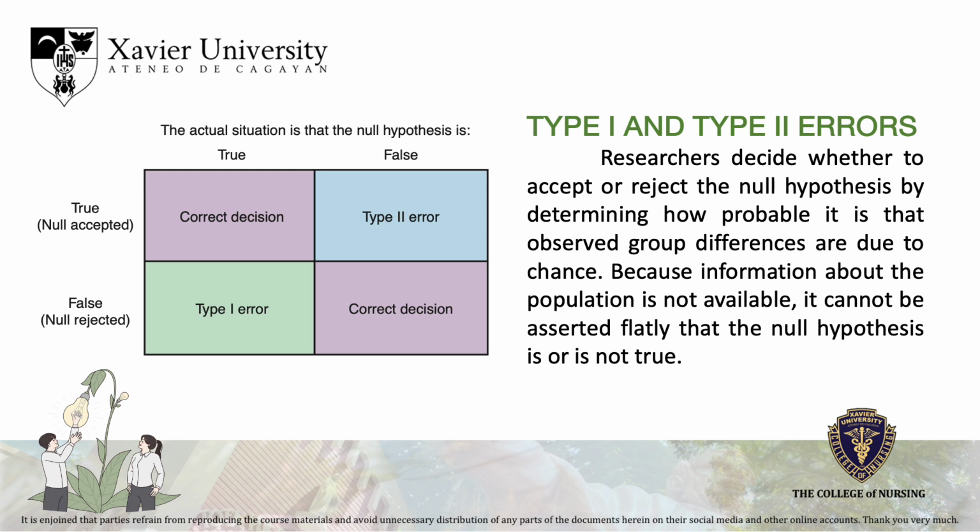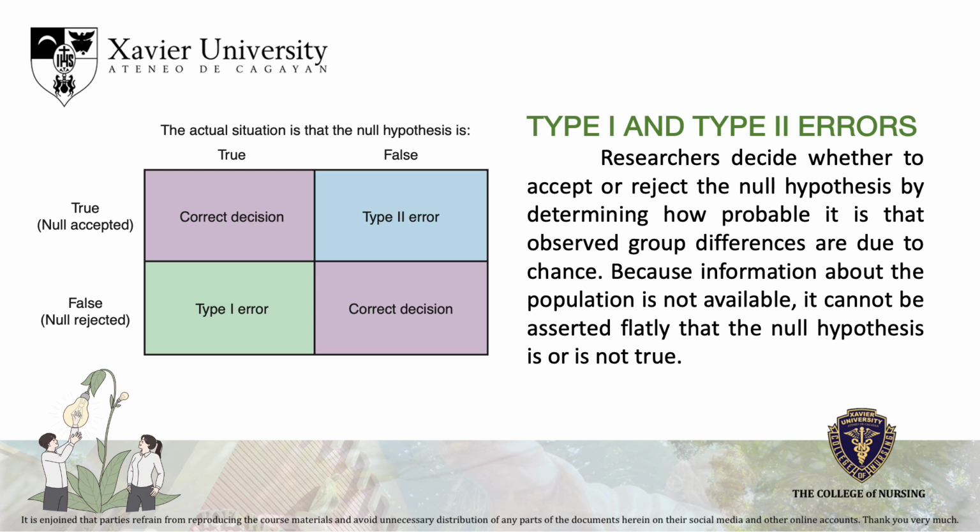Now, for type 1 and type 2 errors. So, we have two types of errors. Researchers decide whether to accept or reject the null hypothesis by determining how probable it is that observed group differences are due to chance. Because information about the population is not available, it cannot be asserted flatly that the null hypothesis is or is not true.